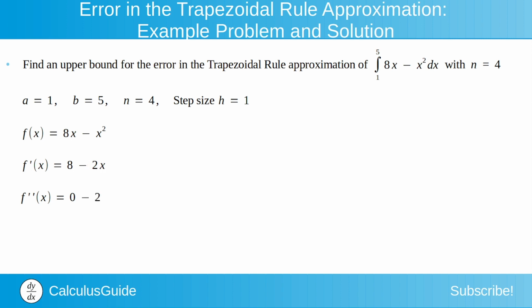So f double prime of x is equal to 0 minus 2, which is equal to minus 2. The absolute value of f double prime of x is equal to the absolute value of minus 2, which is equal to 2.